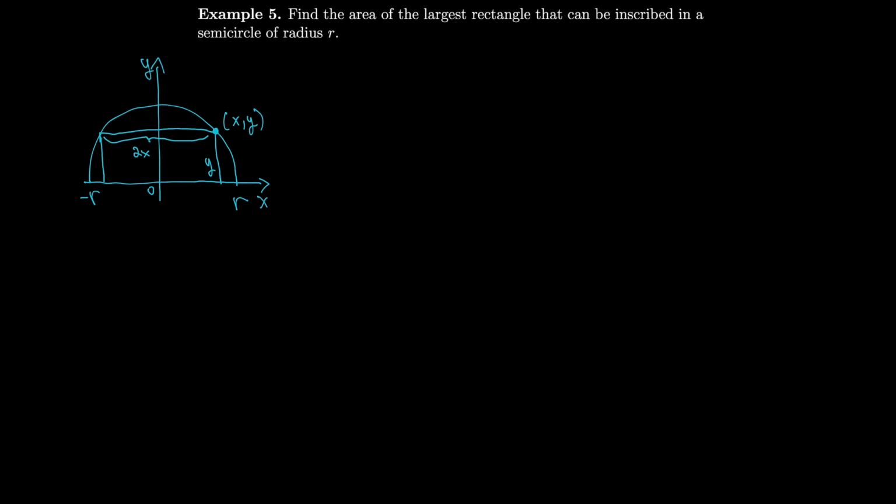Okay, so we want to take the largest area, so we want to maximize 2 times x times y. I want to eliminate one of these variables though. Remember that in a circle we have x squared plus y squared equals r squared. So that implies that y is equal to the square root of r squared minus x squared.